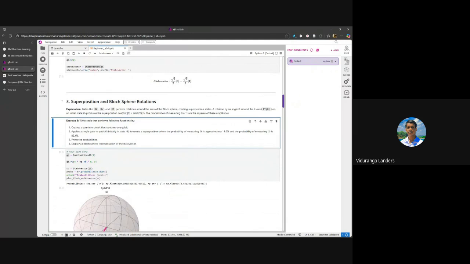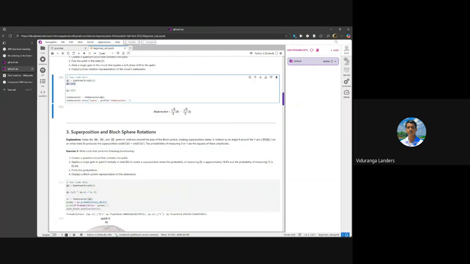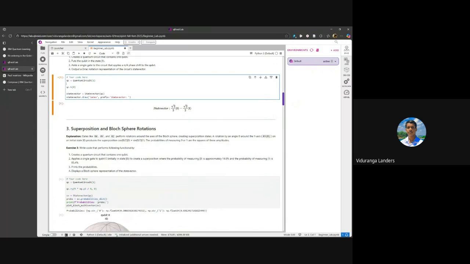Just keep in mind that only the basic equal superposition state has the state vector of 1 over square root 2 and 1 over square root 2. It doesn't have to be a 50-50 superposition. It could be anything. So using these three gates, you can have any kind of superposition.